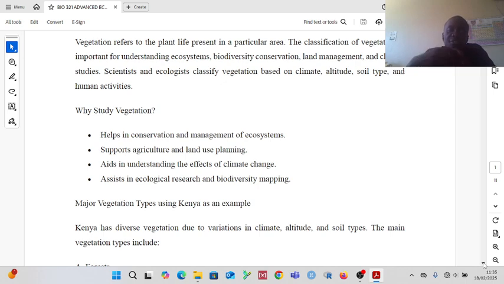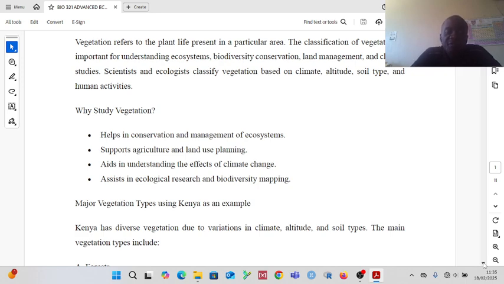By looking at vegetation, you have an understanding of how the current change in climate is impacting an ecosystem. So when you are studying the vegetation of a particular environment, then you'll be able to understand if the climate change effect is impacting that ecosystem.